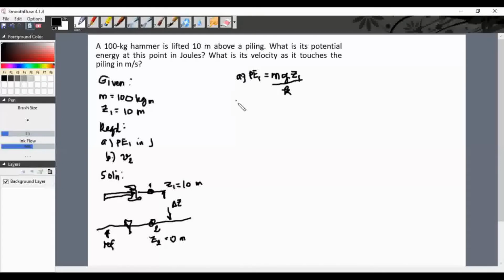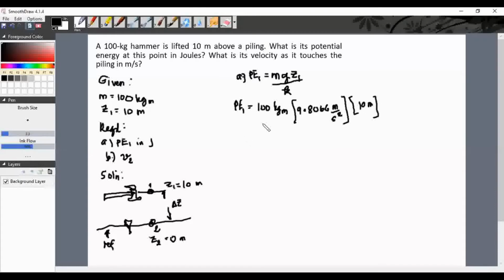So PE sub 1 is equal to 100 kilogram mass times 9.8066 meter per second square, times Z1 of 10 meters.